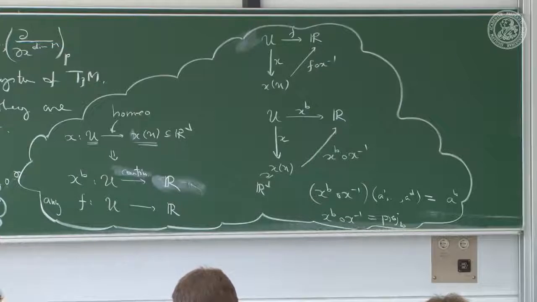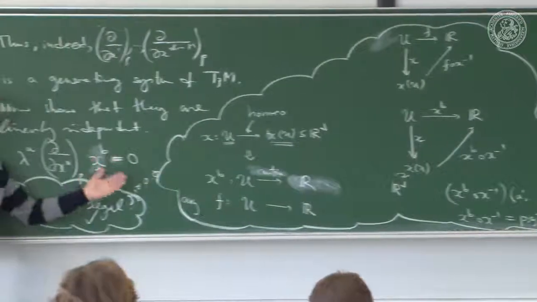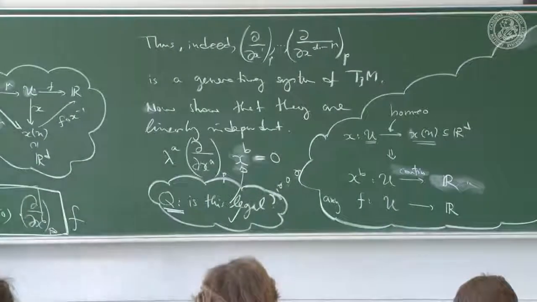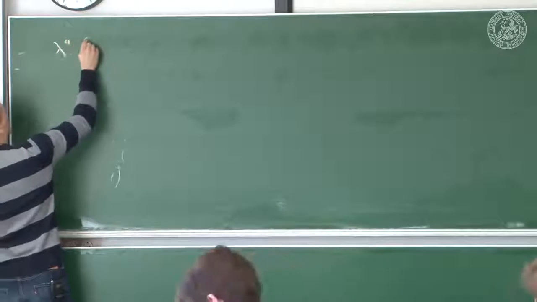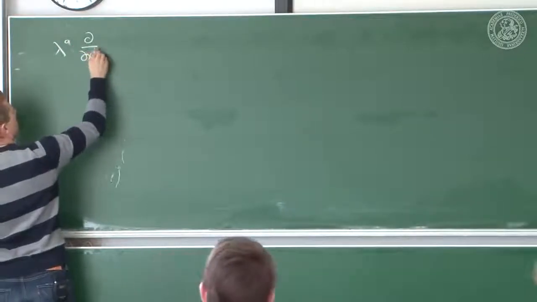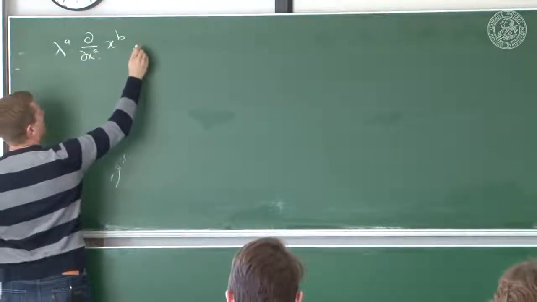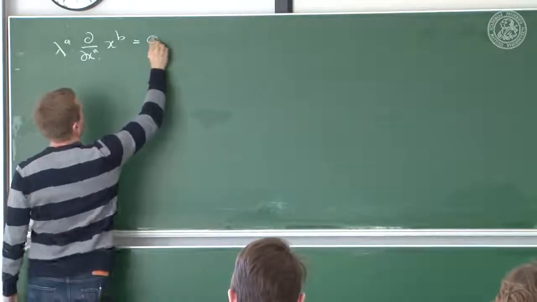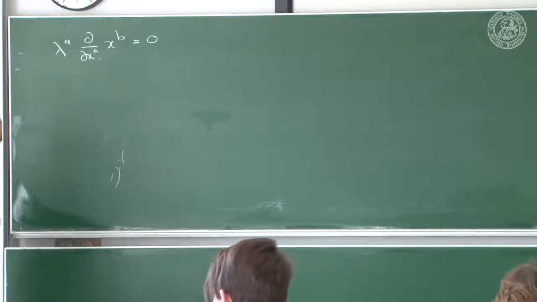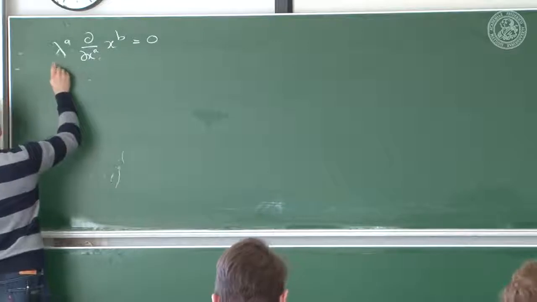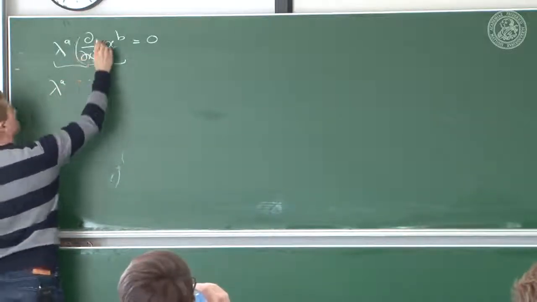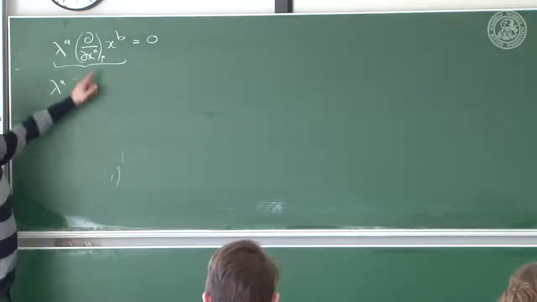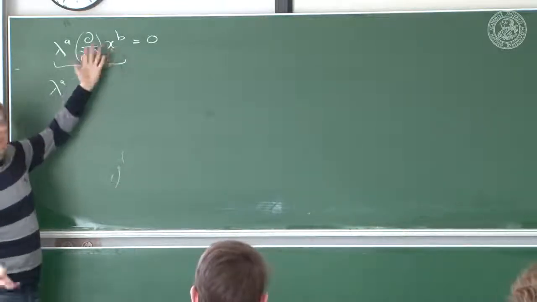Okay, so we can act on all of these. Now that we ensured that, we'll do it. So lambda^a d by dx^a acting on x^b is assumed to be 0. Well, first of all, we look at the left-hand side. What is this? Well, we can practice now. So this is at a point P. What does this symbol and this action mean?